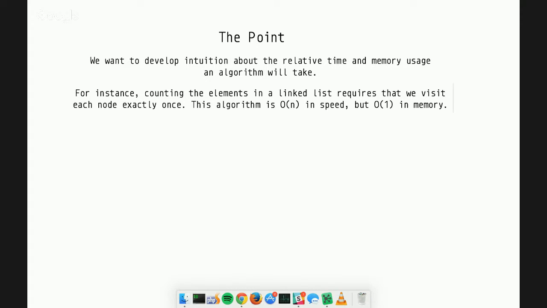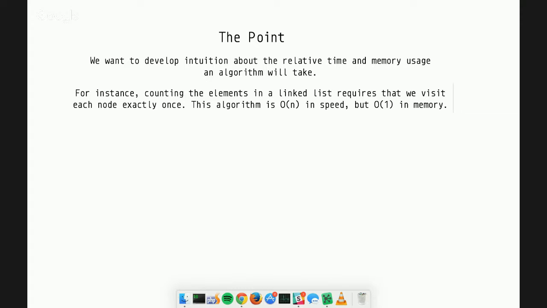But since we only ever have to keep one node in memory at a time as we walk the linked list, we just look at the node and tack 1 onto a sum, or a count. We only ever need to have one thing in memory at any given time, and so it's big O of 1 in memory.